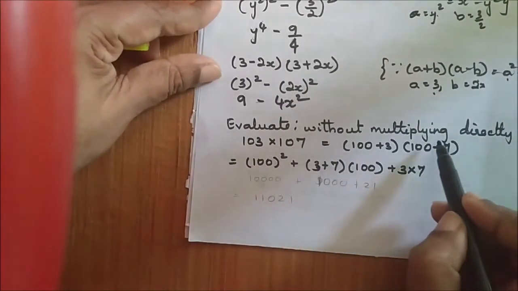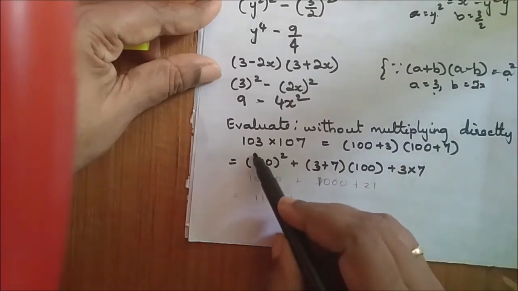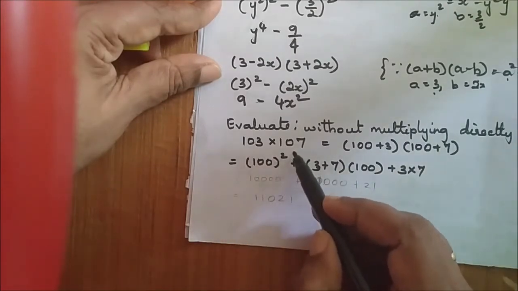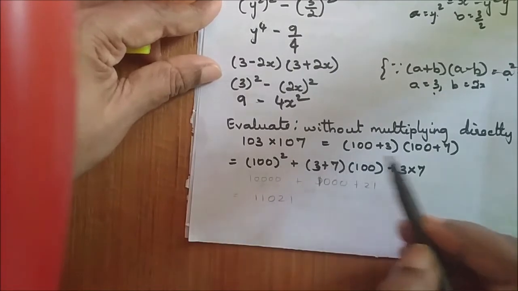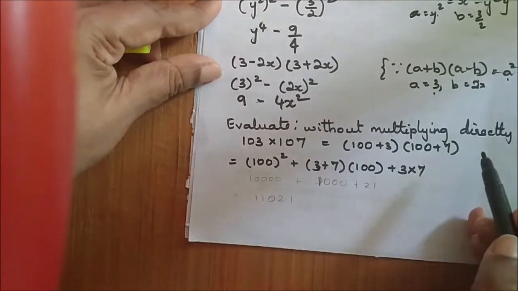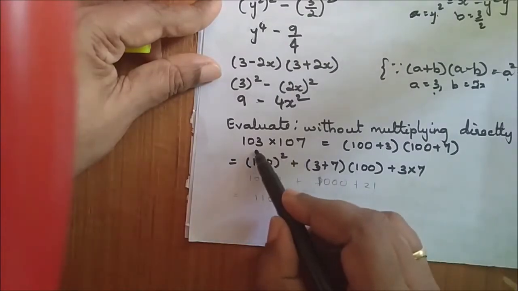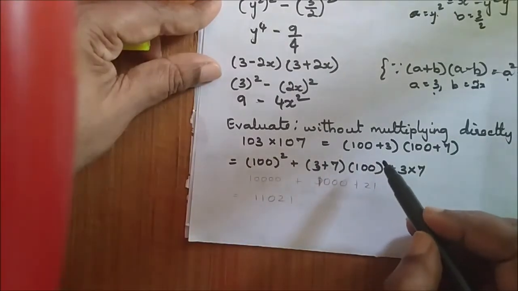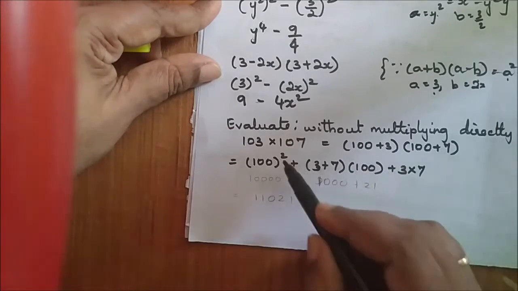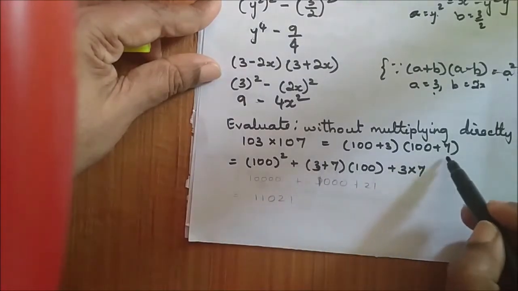Evaluate without multiplying directly: 103 into 107. By using identities we have to solve this problem. Now how can I write 103? I can write it as 100 plus 3 and 107 as 100 plus 7.